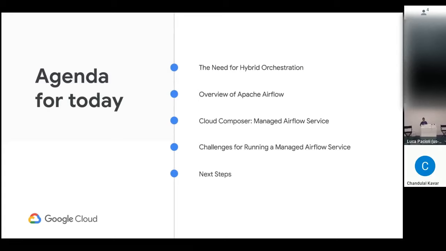But there is a lot more you need to do to make it a managed service, at production scale and quality. We'll then give a quick summary of feedback and issues we have heard from our customers using Composer, but also Apache Airflow. And finally, we wrap up the talk with next steps.